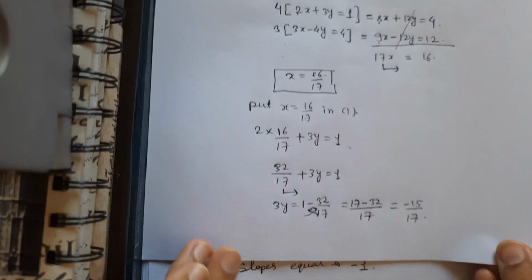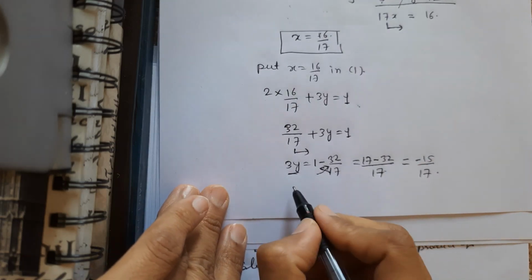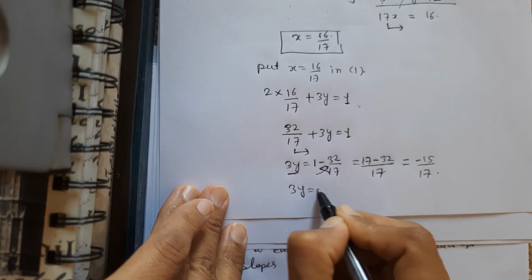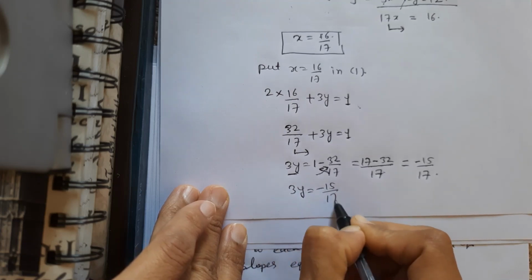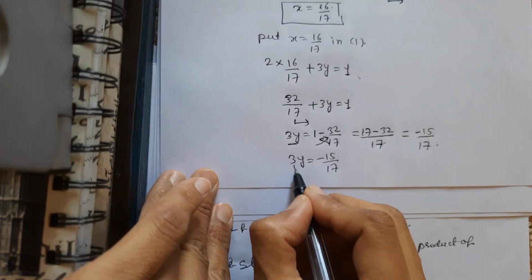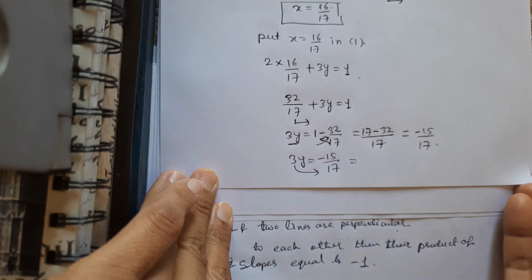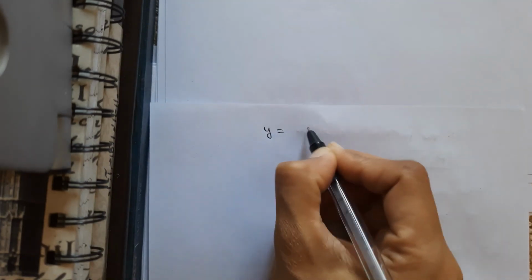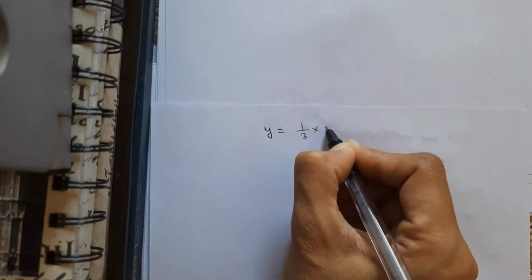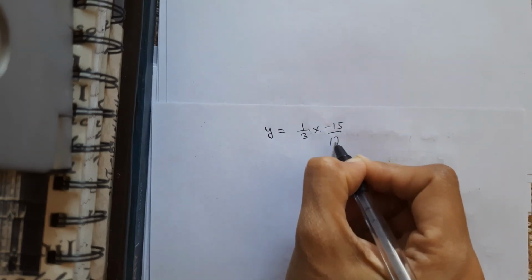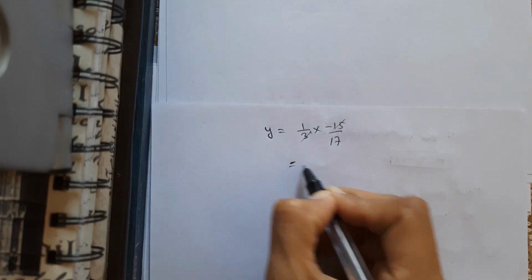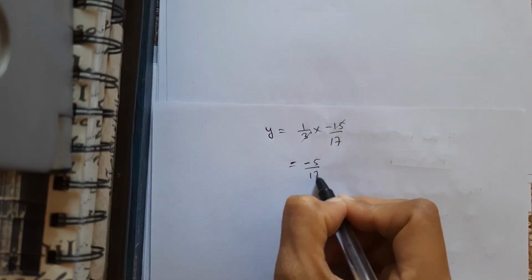Now here I have 3y, so 3y equal to minus 15 upon 17. Now shift this 3 to this side. I'll get y equal to 1 by 3 into minus 15 upon 17. So cancel this, I'll get minus 5 by 17.